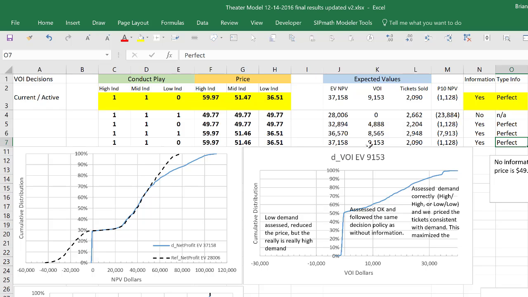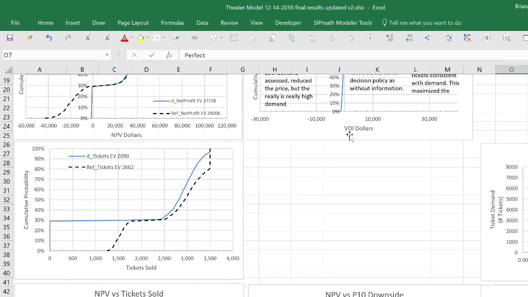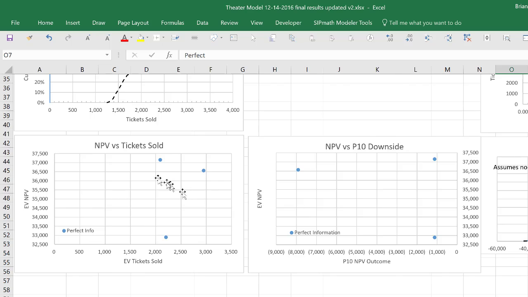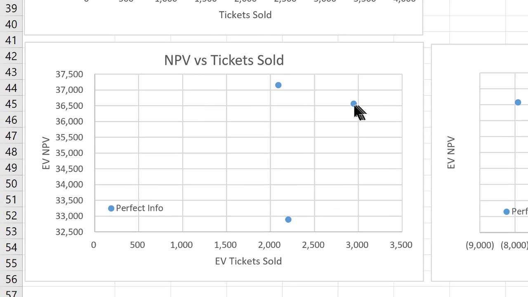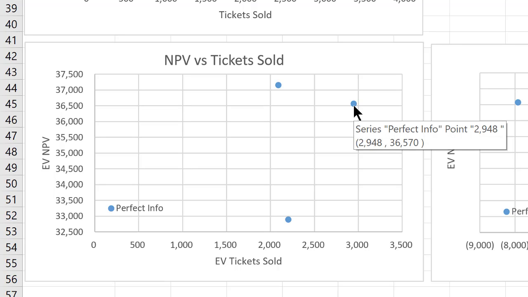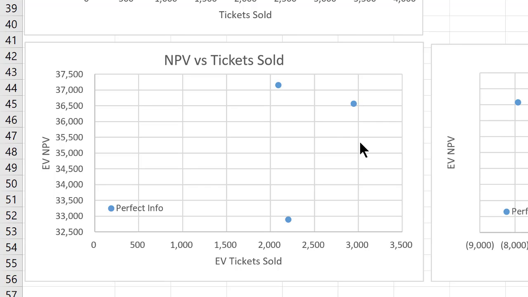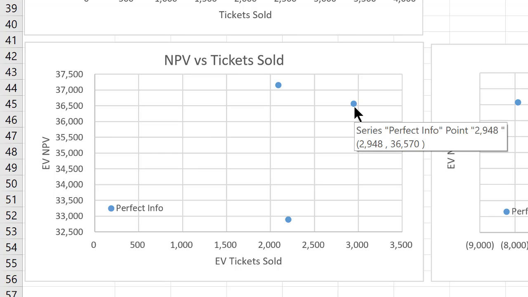What I'd like to do is to examine what the trade-offs are here. So for example, we can come down here and look at the NPV versus the tickets sold. If I were to always develop with my optimized prices with perfect information, I would reduce my NPV, but I would increase the tickets sold to nearly 3,000.